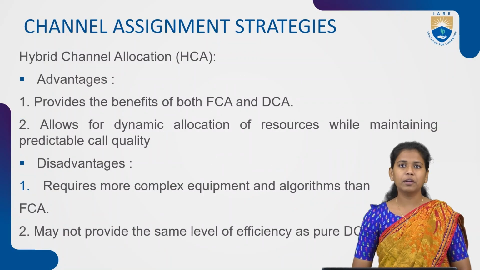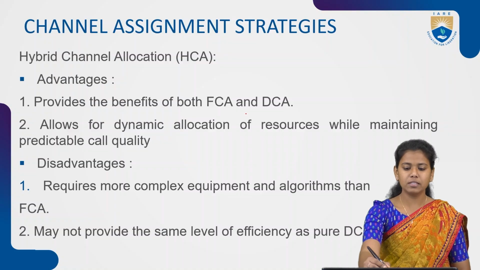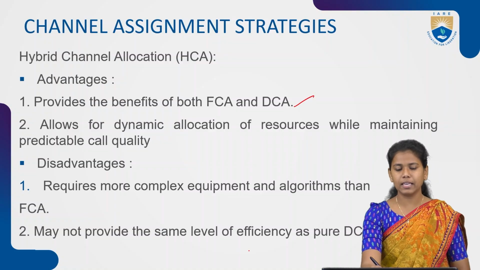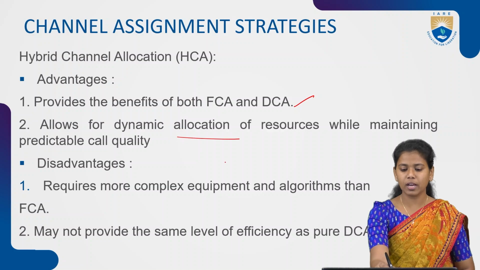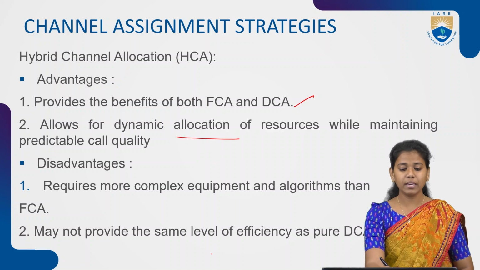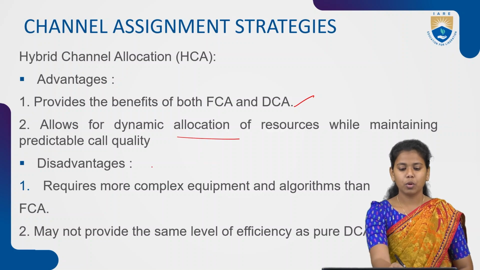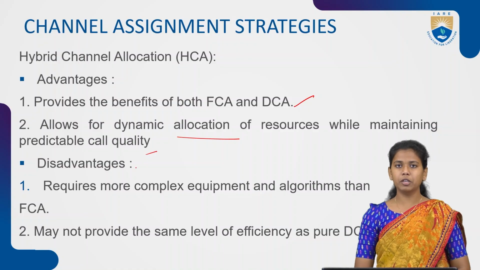Then there are the advantages and disadvantages of this hybrid channel allocation. It provides the benefits of both FCA and DCA, and it allows for dynamic allocation of resources while maintaining predictable call quality.